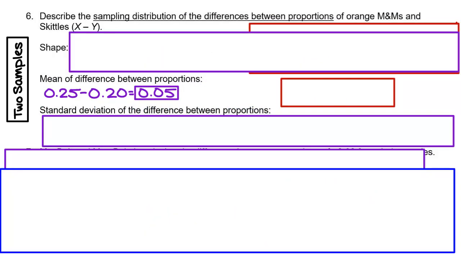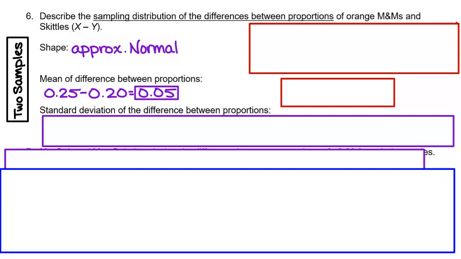So for a two-sample situation, how did we say the M&Ms were distributed? Approximately normally. Skittles? Approximately normally. So how do you think the difference will be distributed? Approximately normally.